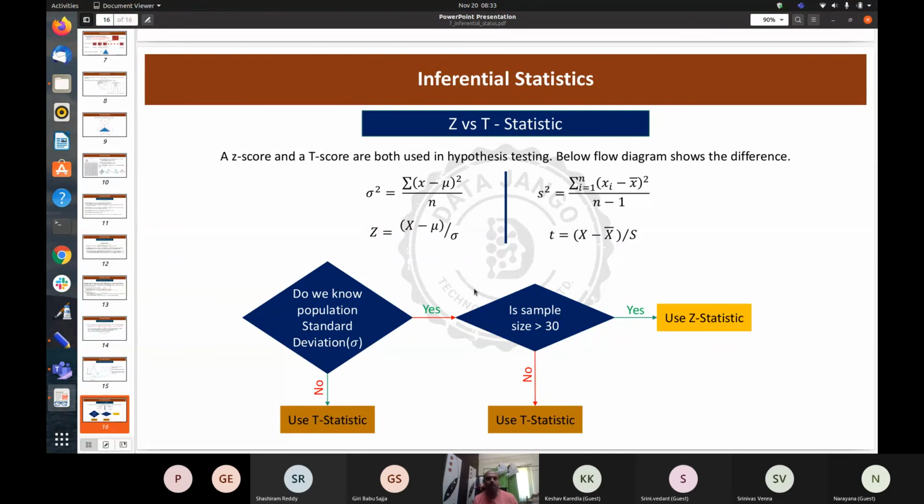It may be 1 billion records, but still it is a sample. So when you know the standard deviation of the population and the sample size is more than 30, only then will we use z-test formulas. In other cases, we'll do t-test only. Got it? That is when to use z-test and when to use t-test. Monday we'll connect these dots.